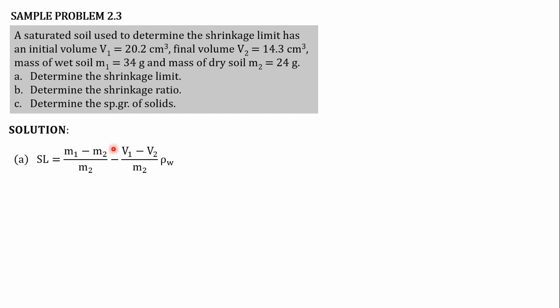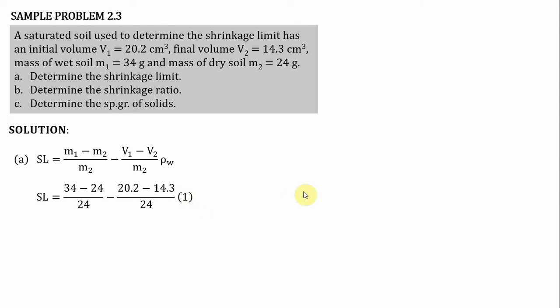Given na to, okay na yan, M1, M2, V1, V2. So, we can directly solve the shrinkage limit. SL is equal to 34 minus 24 divided by 24, minus 20.2 minus 14.3 divided by 24, times the density of water or 1 gram per cc.